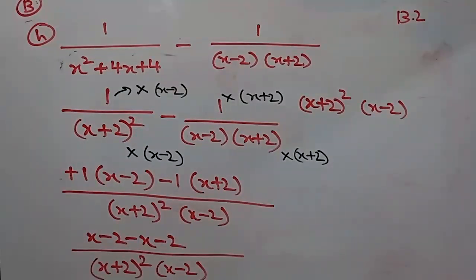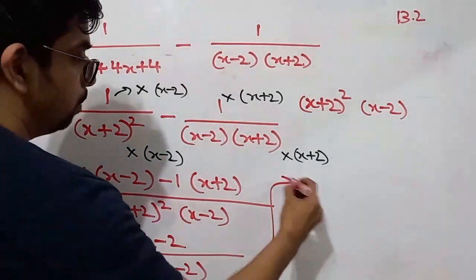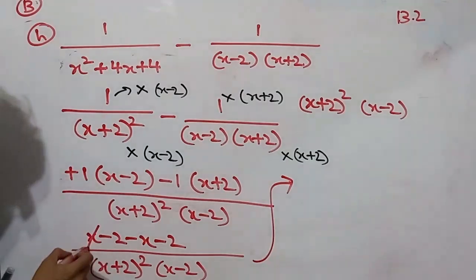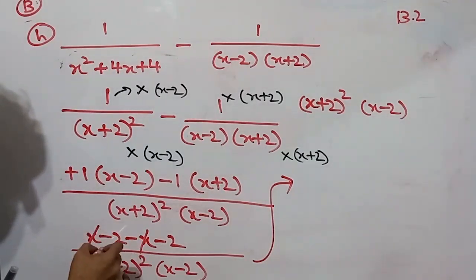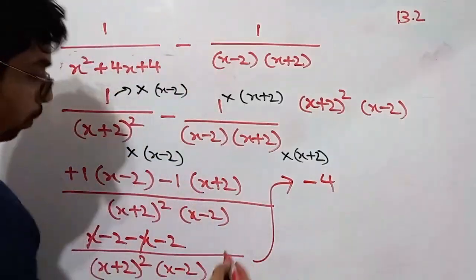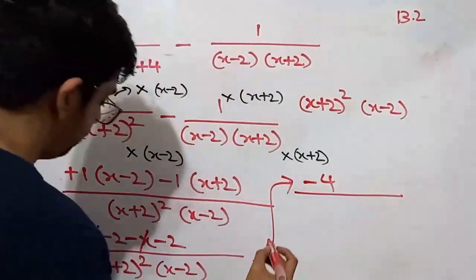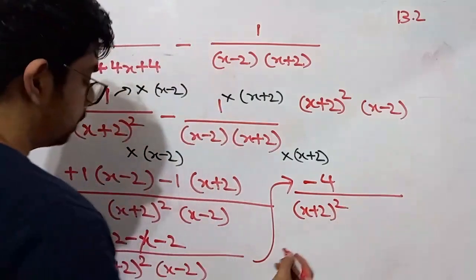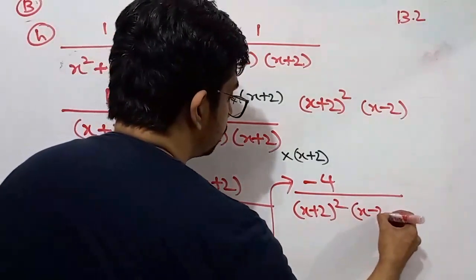Then the entire expression needs to be divided by the LCM. Here we can do some simplifications, no? We can cancel off the x's. Then minus 2, minus 2, that means the outcome is negative 4, divided by (x plus 2) entire expression squared into x minus 2.